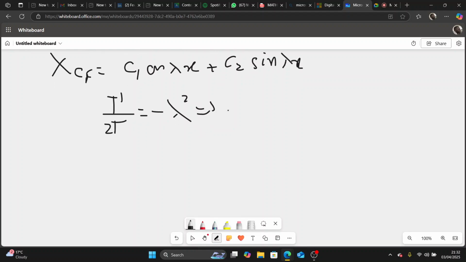We have chi prime equal to minus 2 lambda square chi. If you bring this side, it is chi prime plus 2 lambda square chi equal to 0. So we have the same thing.